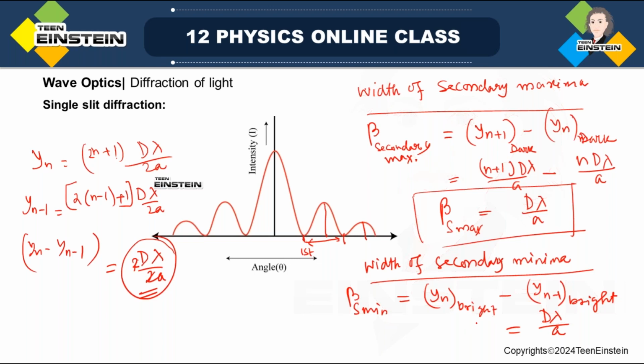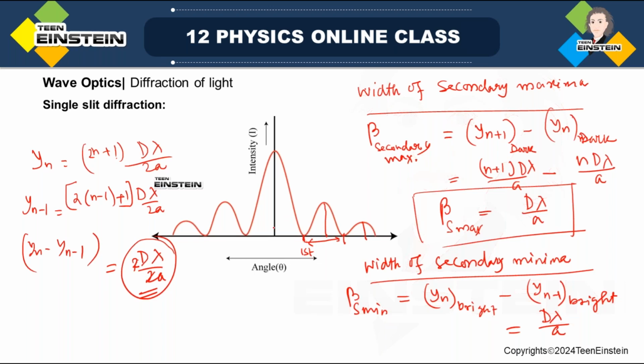So width of the secondary maxima and secondary minima will be the same, that is d lambda by a. And what will be the width of the central? The double of that, that is 2 d lambda by a. Okay, for the bright one. And angular width also will be twice of this actually. Okay, this will be theta, and this will be 2 theta.